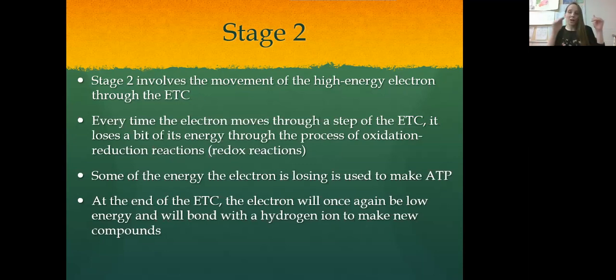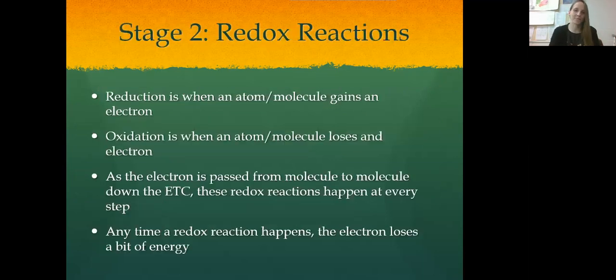So we have all these redox reactions happening as the electrons move through the ETC. And by the time the electron gets to the end of the ETC, it is low energy again. It has lost all of its energy through those redox reactions.